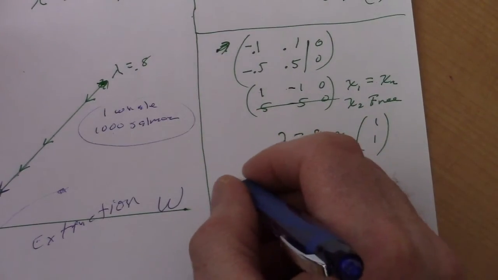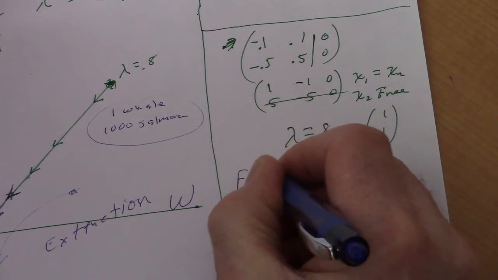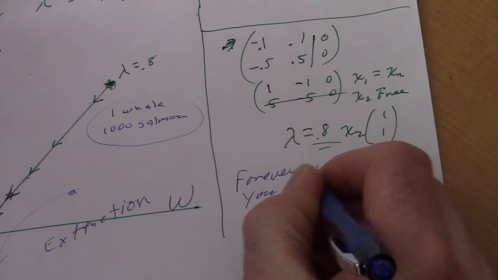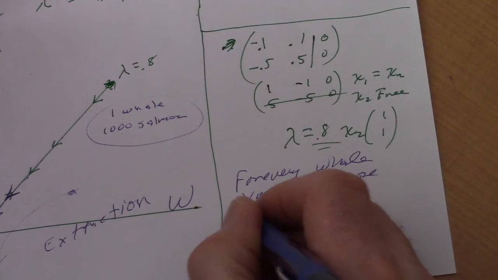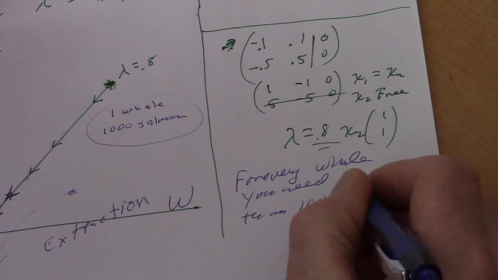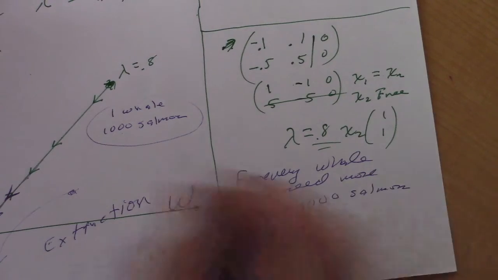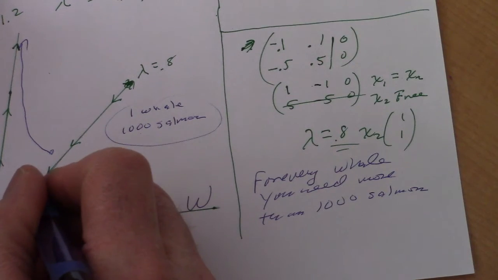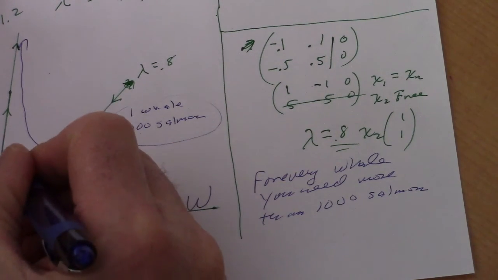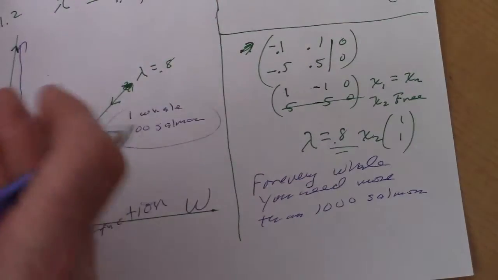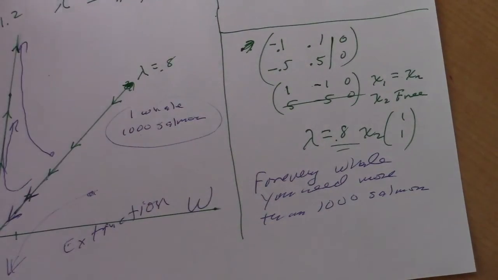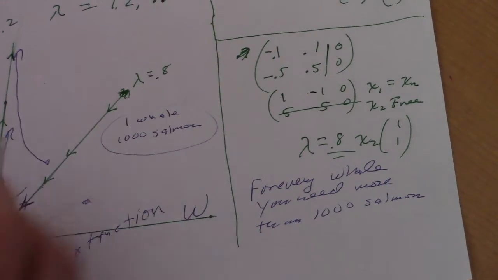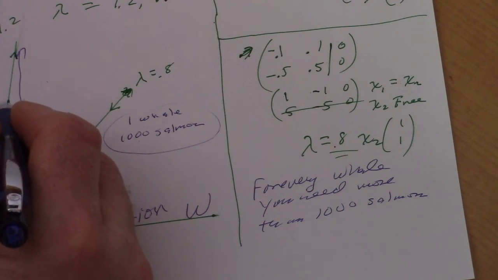So you have to have, for every whale, more than 1,000 salmon. And if you do, you'll be moving towards this ratio. Any of these eigenvectors, they might go down this way, but they're going to end up coming back up here. Since this is an attractor and this is a repeller, these will be asymptotic. And similarly even over here, right? Because this pushes them this way, this pushes them towards the origin, but that will push them back out again.